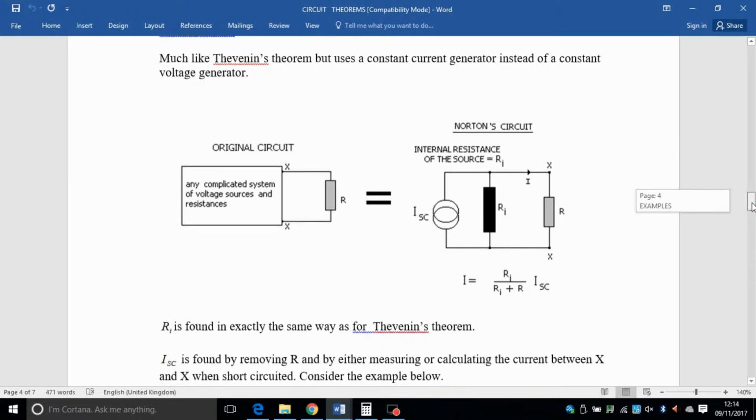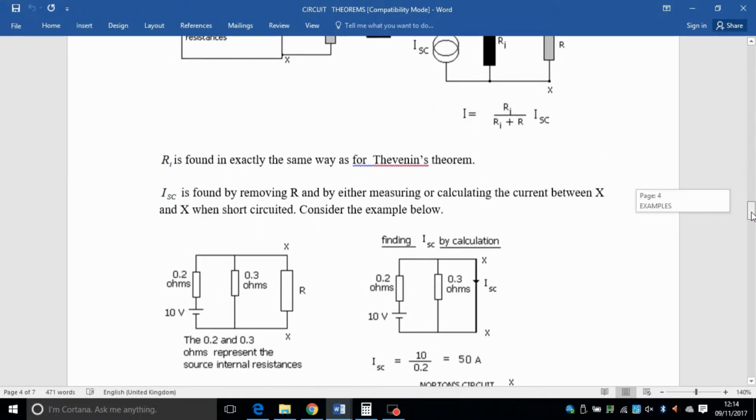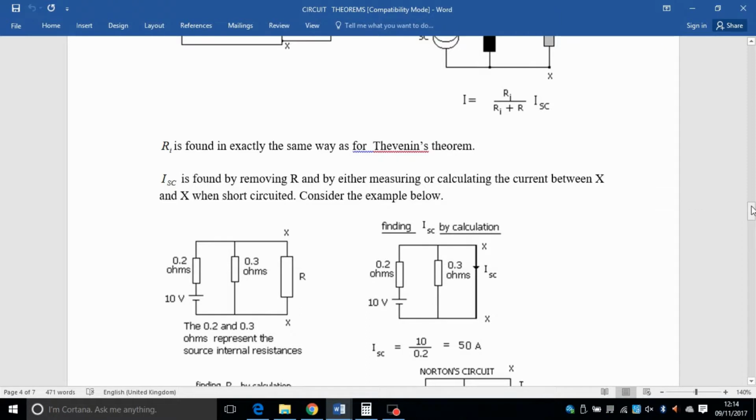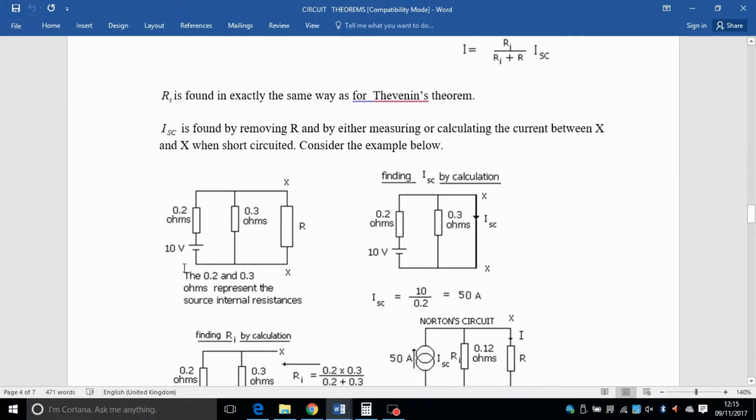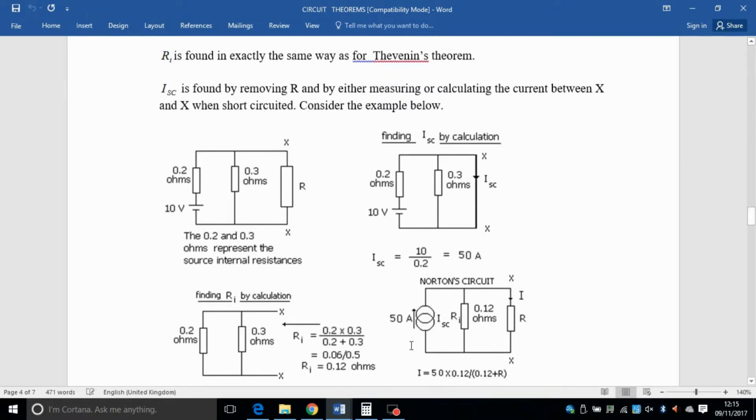If we have a look at an example, again the same example, but in this case it's got just one battery instead of 2 batteries. So you have one battery here, one resistor there, one resistor here, and the resistor of the load connected to it. Now you want to find the equivalent Norton's circuit, which will always look like this with different values.